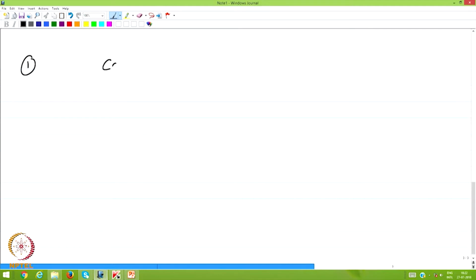The CO molecule is important because we need to know the mass of the molecule. The vibrational frequency is given as 2140 centimeter inverse, and we are asked to calculate the force constant for the molecule. The force constant k is related to the frequency nu, which is connected with the wave number through the relation: speed of light multiplied by the wave number.